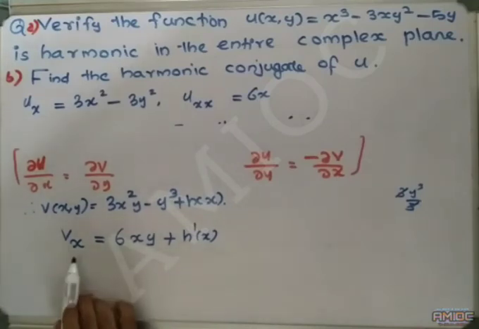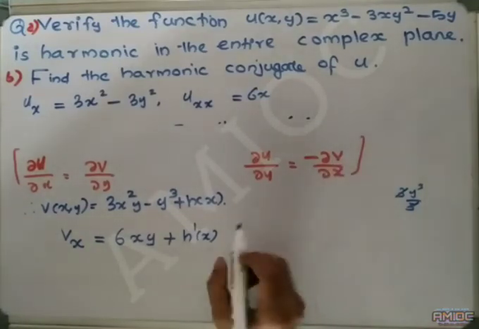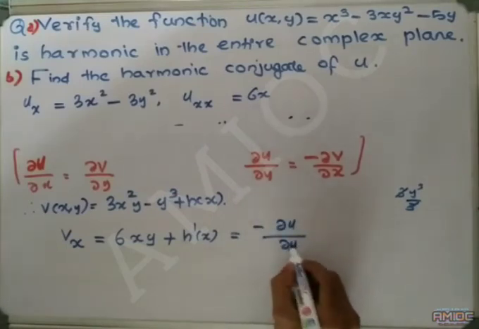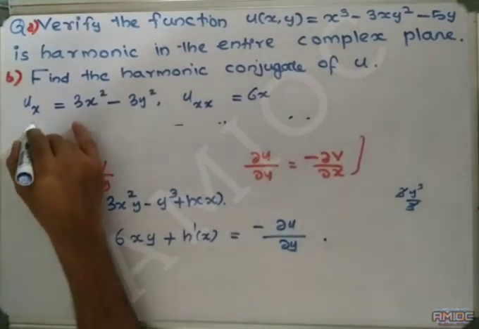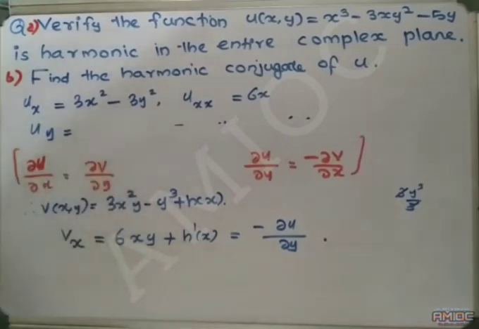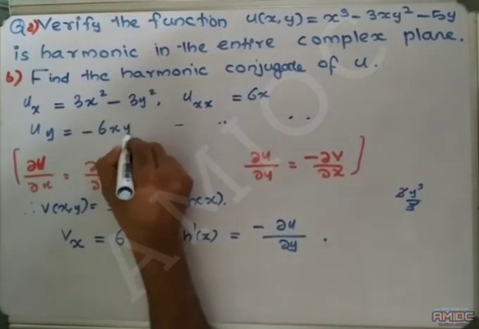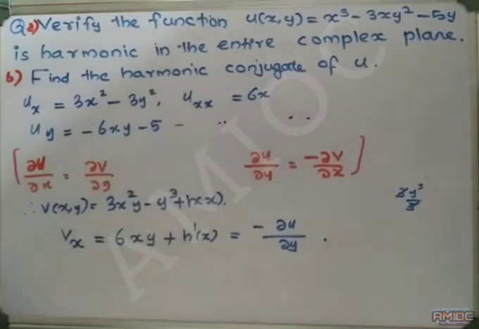Now by the Cauchy-Riemann equation, this will equal minus ∂u/∂y, and uy is equal to minus 6xy minus 5.